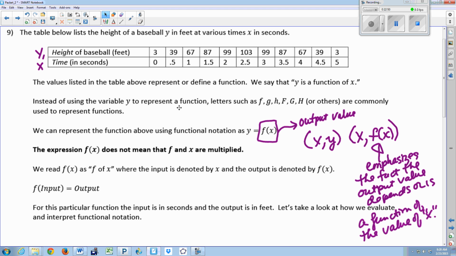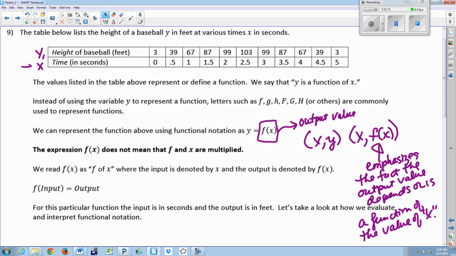So that's what the notation means. So where you're used to putting the letter y, we now put f of x. And that assumes x is the input. If we had d there, it would be f of d. If we had s as the input, it would be f of s, whatever your variable is.